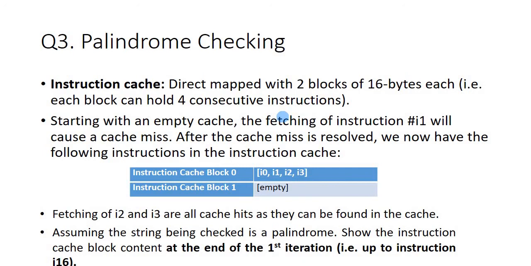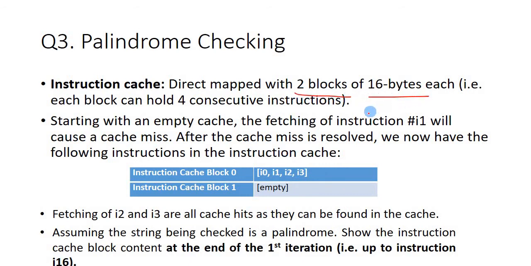So there's also a high chance that when I fetch an instruction, I may be fetching instructions that are nearby each other. So it also makes sense to keep some instructions in cache, to minimize my external access to the instruction memory. Here we are given that the instruction cache has two blocks and 16 bytes each.